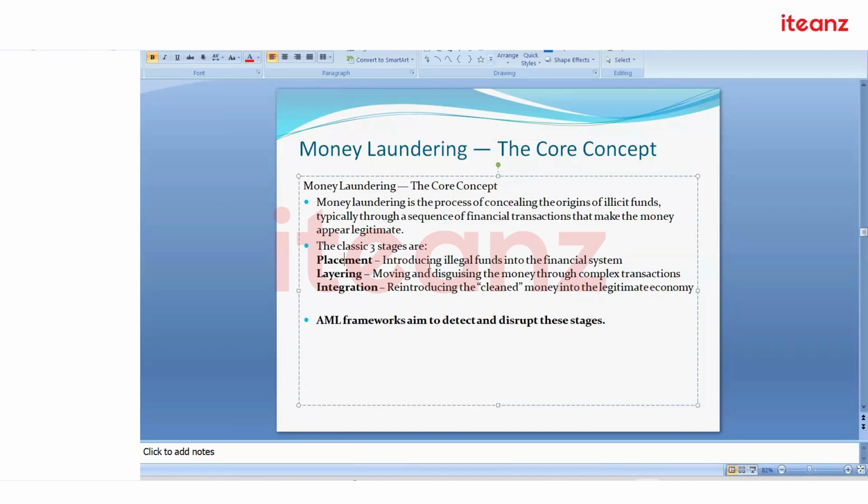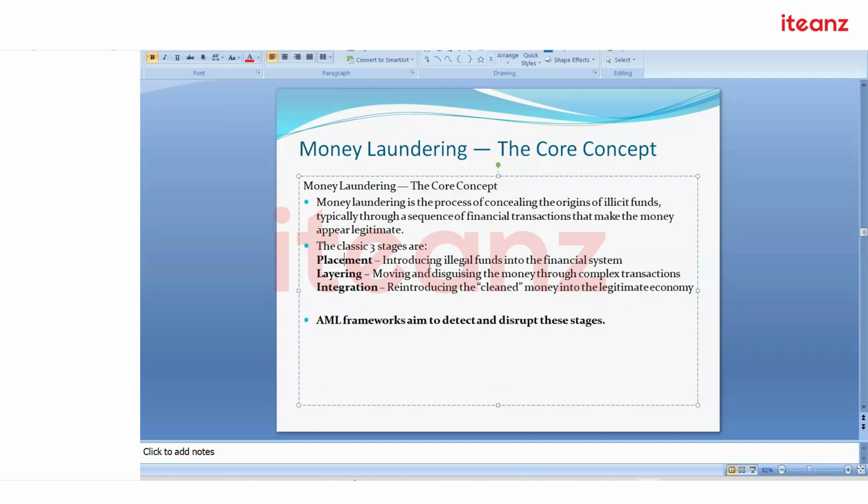Sorry, placement. I'm sorry, it is called placement. You gave them the money, all those things, that is placement. Then layering means they take that money and transfer it to someone, who transfers it again. It is like a cycle. They move the money through 2, 3, 4 accounts, here and there, and finally transfer that money to you.